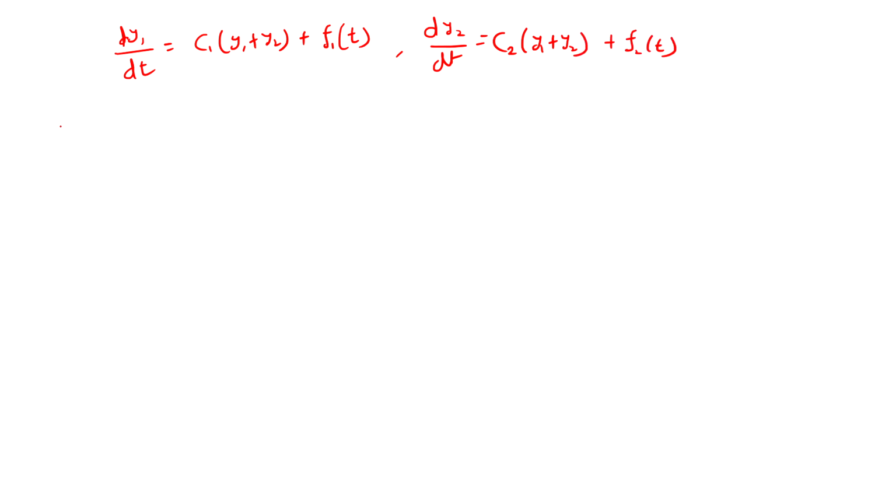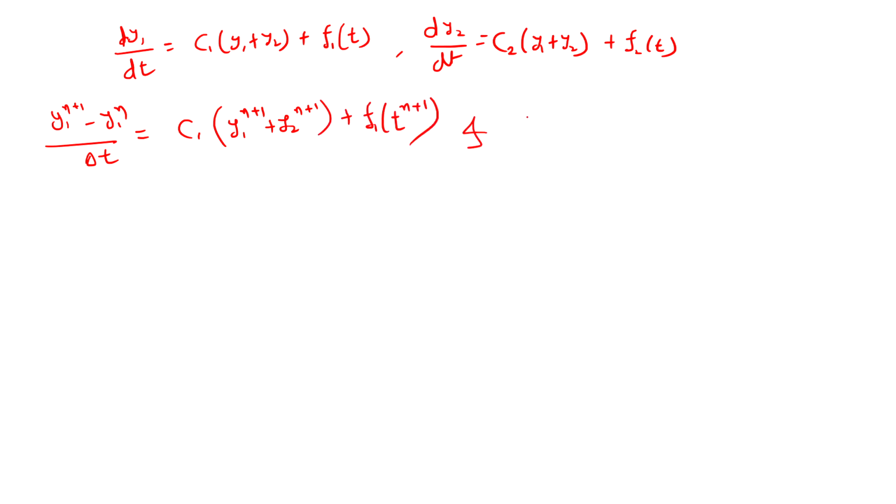So (y1^(n+1) - y1^n)/Δt is c1 y1^(n+1) + y2^(n+1) + f1(t_(n+1)), and (y2^(n+1) - y2^n)/Δt is c2 y1^(n+1) + y2^(n+1) + f2(t_(n+1)).